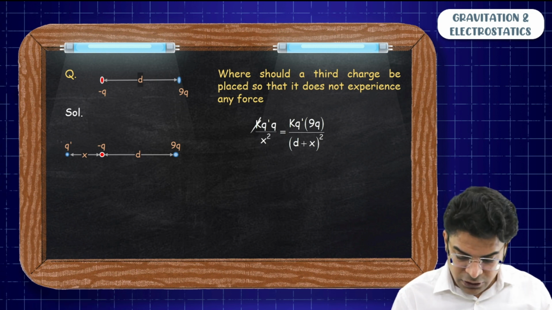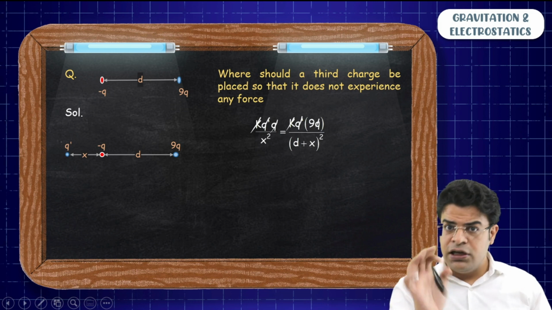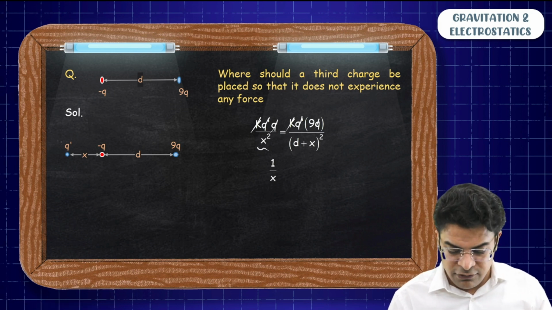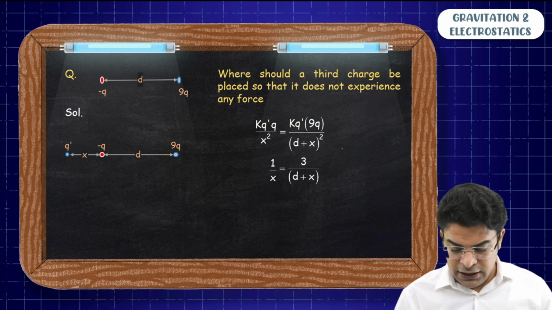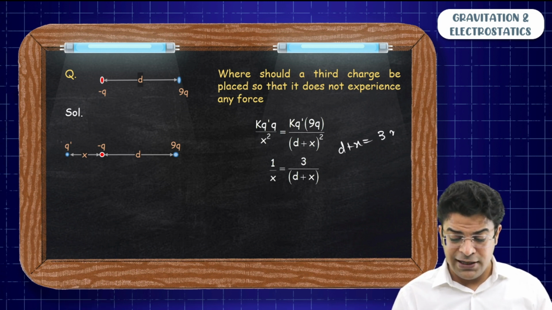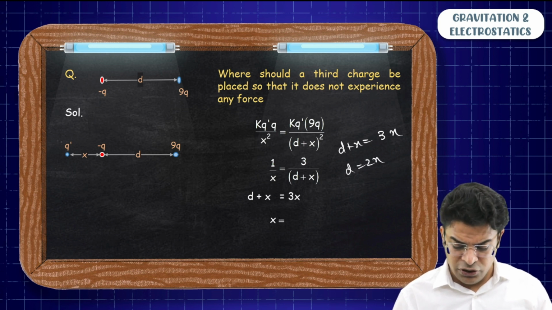Now we can cancel out k, q dash, q and q. Taking under root both sides, I can write on the left hand side 1 by x equals 3 upon (d plus x). Now you can write d plus x equals 3x, or d equals 2x, or x comes out to be d by 2.